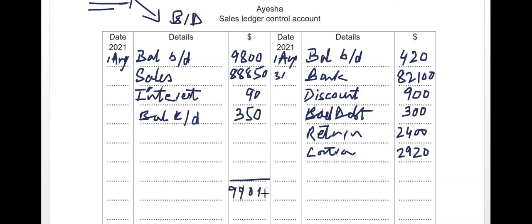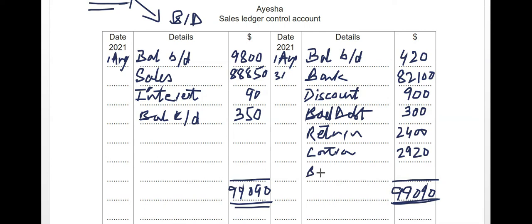Now when we total this credit side, this adds up to 99090. We will write the same amount on the other side, 99090.